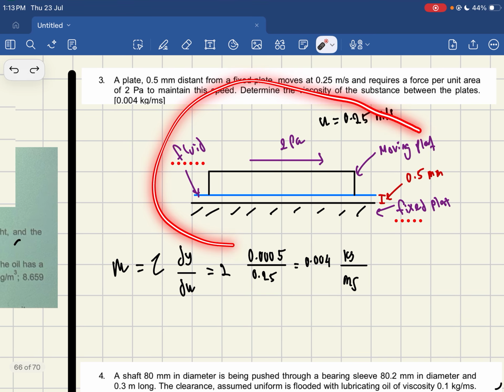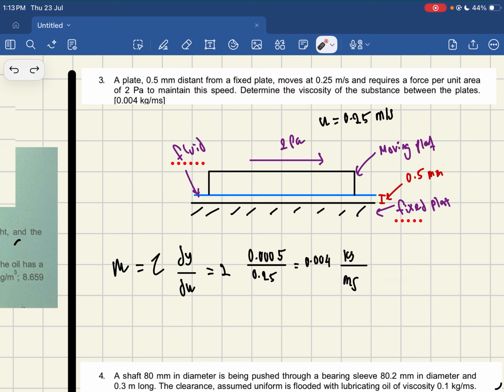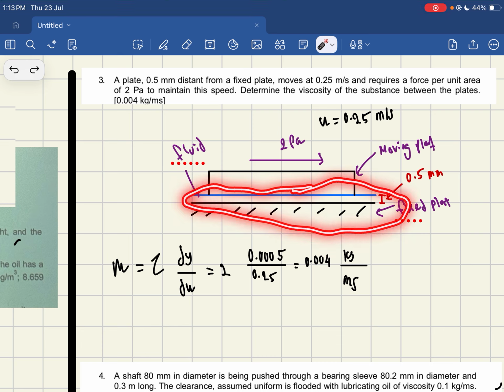I suggest you illustrate the problem in a diagram. So here we have a fixed plate down here, and the fluid itself is illustrated by the blue line here.